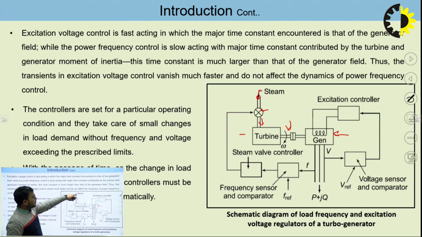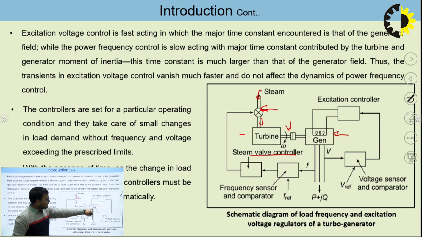Now, if you have control over the steam input to the turbine, you can obviously control the rotation of this generator, right? This steam flow is controlled by this valve. Now we can see that the steam valve controller is installed over here. This is actually controlling this valve, and this is the reference frequency and this is the actual frequency, and there will be a difference between the actual and the reference frequency.